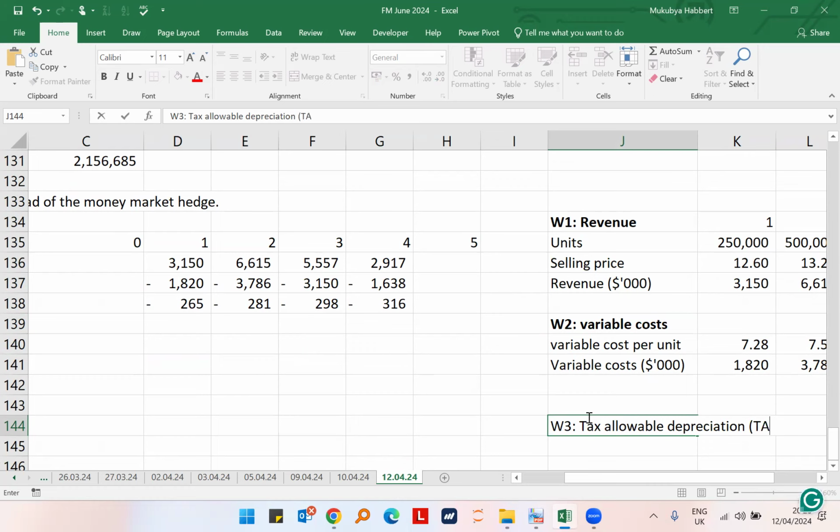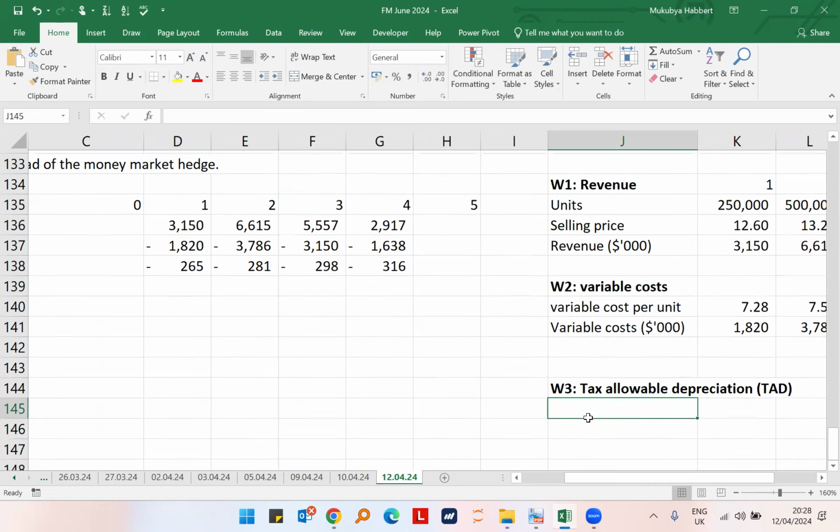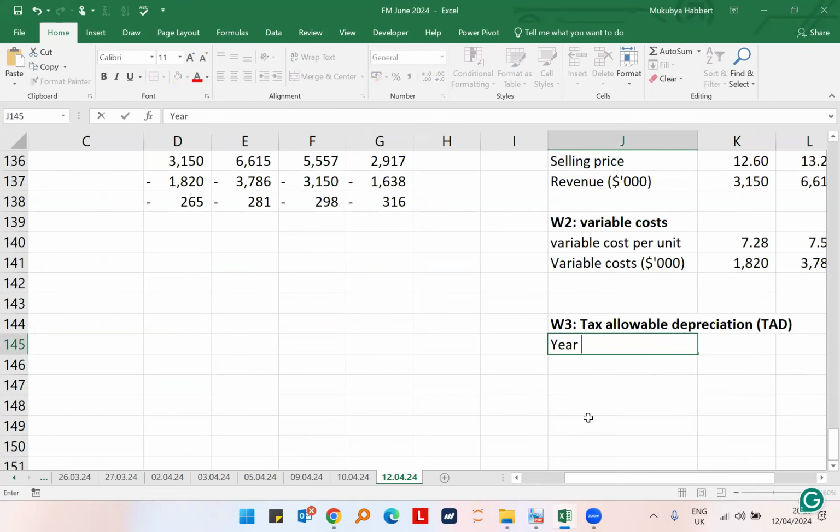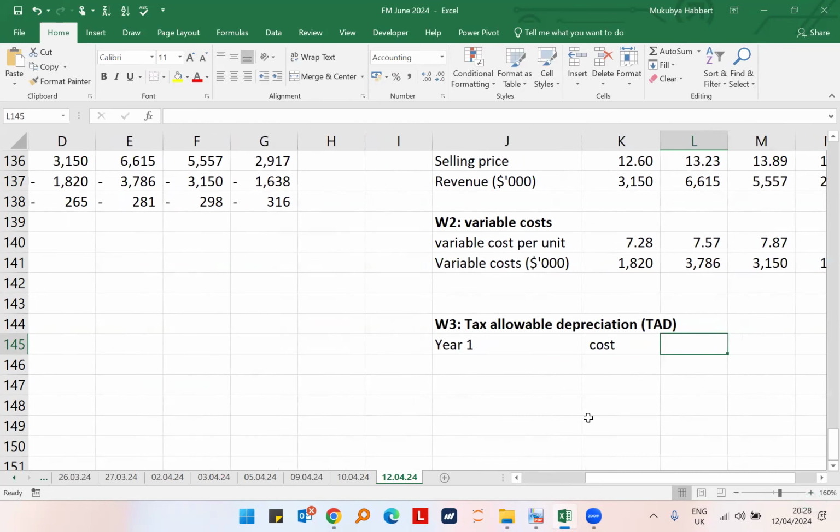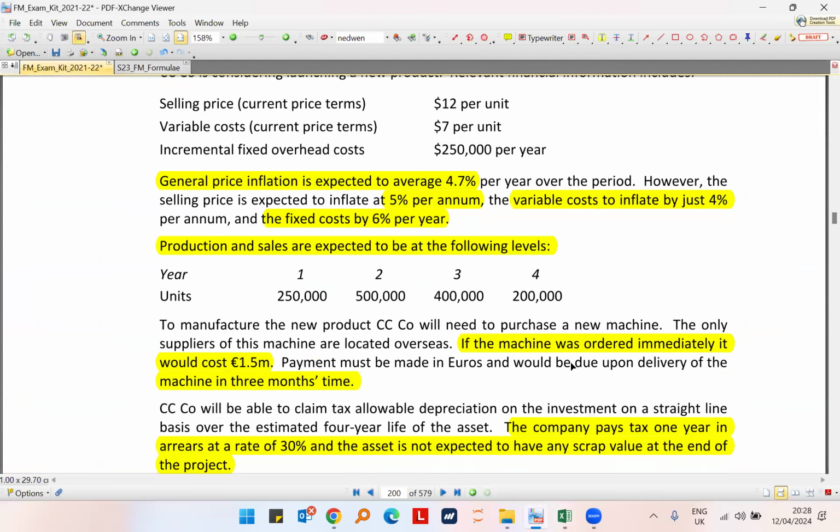Also can be called TAD for capital allowances. Now, we have here year 1. Now this is where you have to bring the cost that we have done. Now remember that they have told us about tax allowable depreciation.